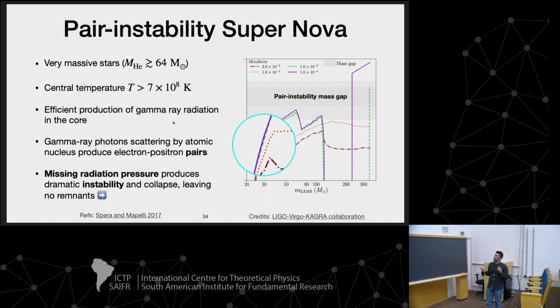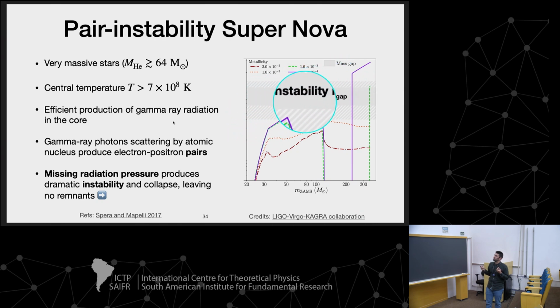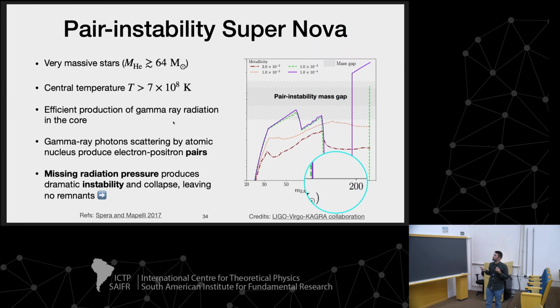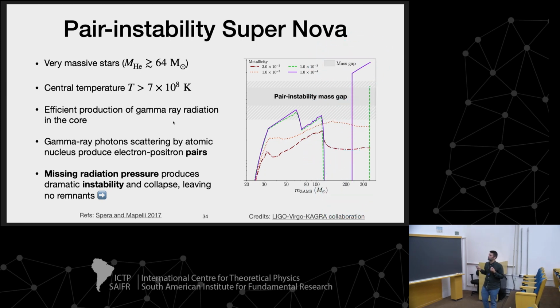If you follow the blue line, on the y-axis you have the remnant. You find that you end up with no remnants in this pair instability mass gap. You can have remnants again, but you need super high massive systems. The massive star must be above, in this case, 200 solar masses.